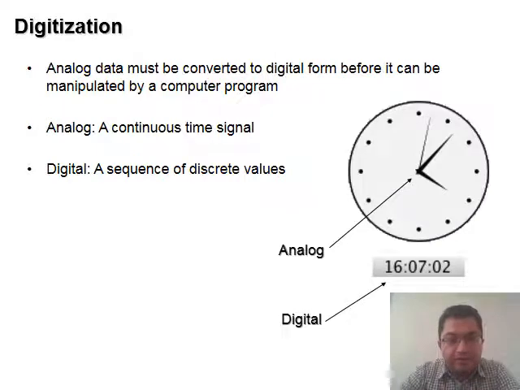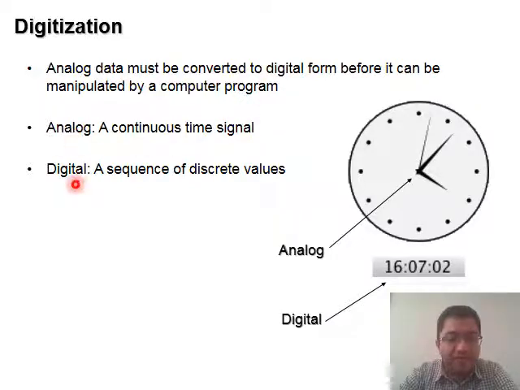Now, given that data will be represented in a computer in digital form, we have to talk about the process of digitization. If you have data that's not represented in bits, not in digital format, how can you convert it to digital format? Data that's not in digital format is called analog data, and analog data must be converted to digital form before it can be manipulated by a computer program.